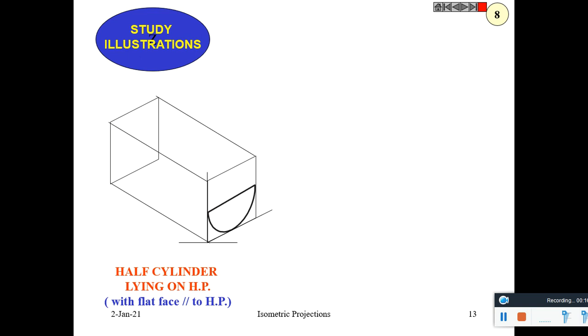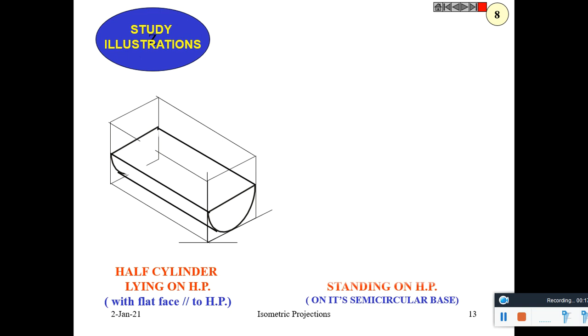The box is constructed, its front view is constructed, the back side is constructed, it is drawn, and two more lines are drawn, one from here and one from here. This portion is hidden. A half cylinder standing on HP.